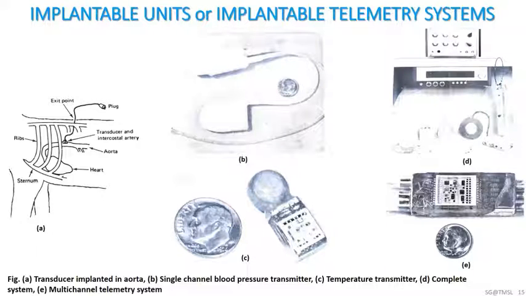The second is figure B, which is one type of single channel blood pressure transmitter.